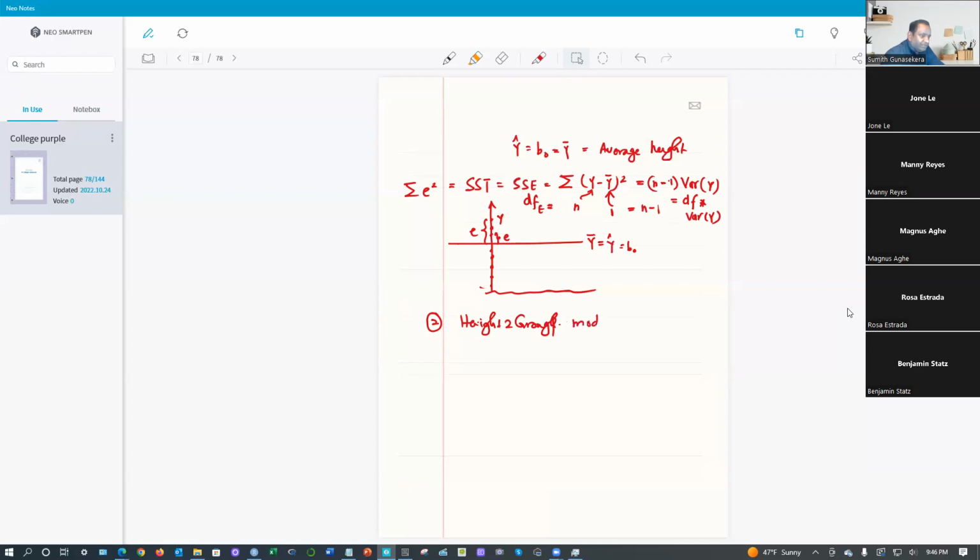This time they put the x variable included. What is that? Height group. It's categorical. Then here, thumb length, y is always quantitative or numeric.